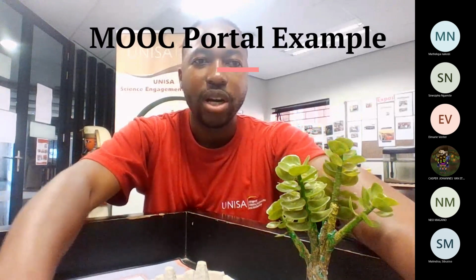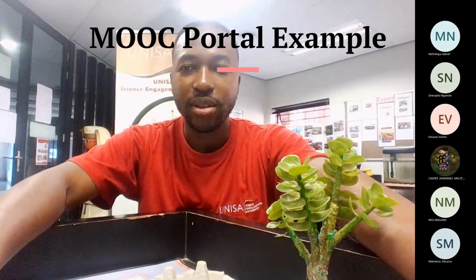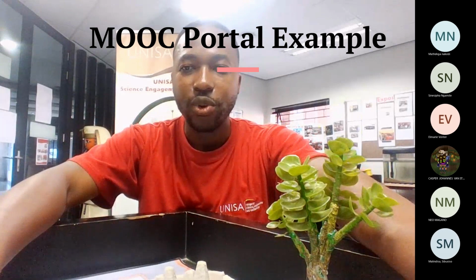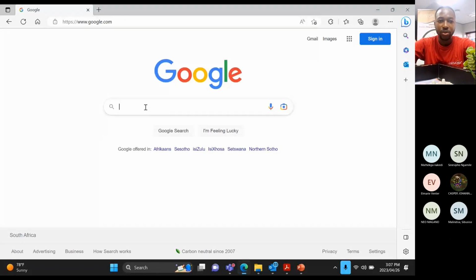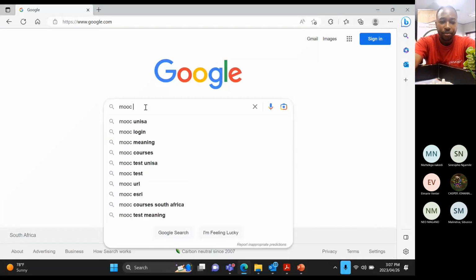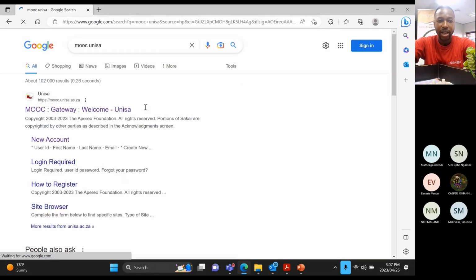So this is the habit that I have developed. The reason why I'm doing this is for you as a participant who's interested in our MOOC portals. You can know where to find the MOOCs and how to register as well.